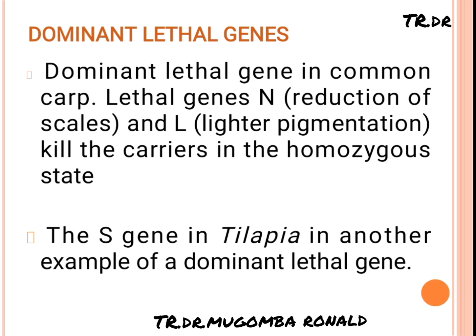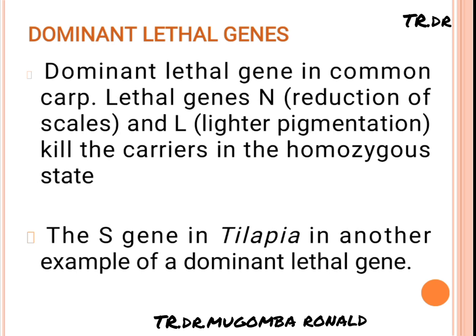That is to say, when you look at those genes, there are two alleles: the capital Y and the small y. If you have a heterozygote, capital Y, small y, crossed with capital Y, small y, you will have the genotypes capital Y capital Y, capital Y small y, and small y small y.